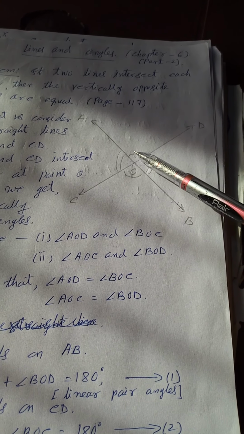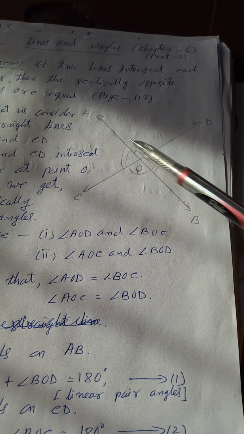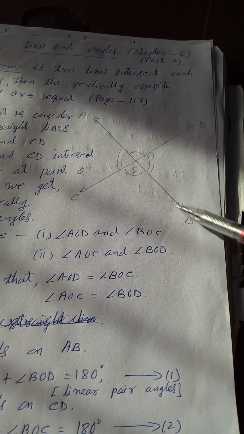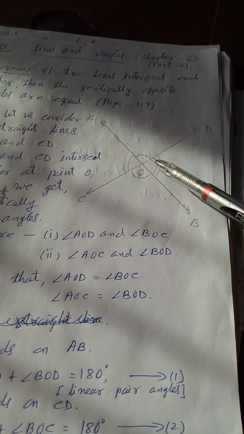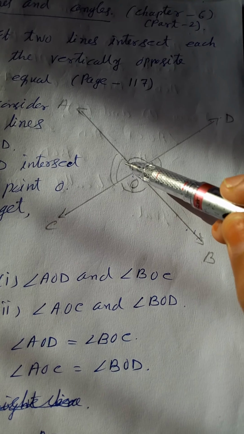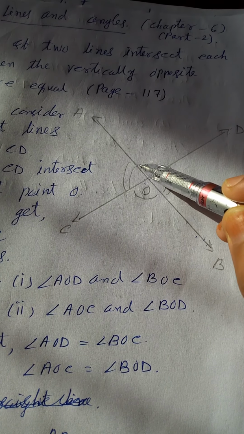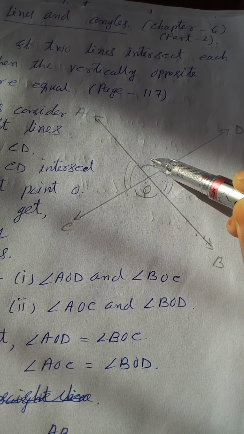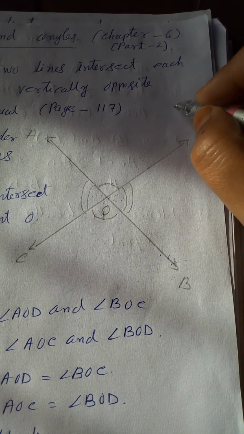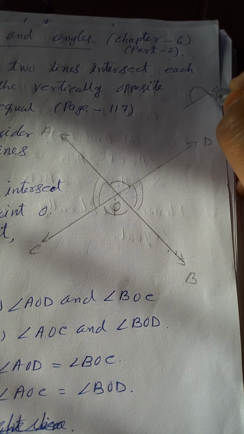So this angle and this angle, that means angle AOD plus angle BOD, these two angles' sum is equal to how much? This symbol means, as I showed last class, 180 degrees.